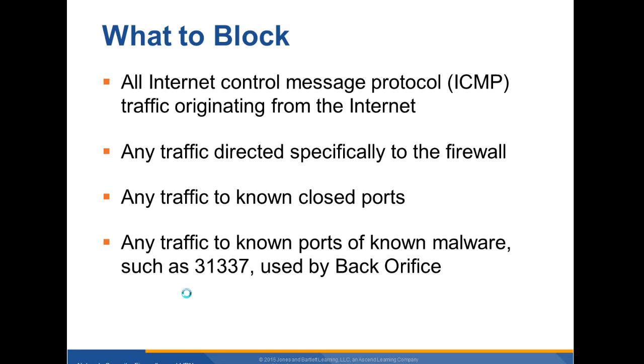What to block? You need to block all Internet Control Message Protocol, ICMP, traffic originating from the Internet. Any traffic directed specifically to the firewall. Any traffic to known closed ports. Any traffic to known ports of known malware, such as 31337 used by Back Orifice.